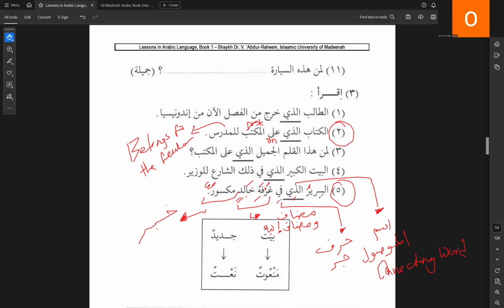Okay. And that leaves السرير to be what? مبتدأ. Very good. See how complex it is? It's also so easy at the same time. السرير الذي في غرفة خالد مكسور. Does this make sense? اسم الموصول.